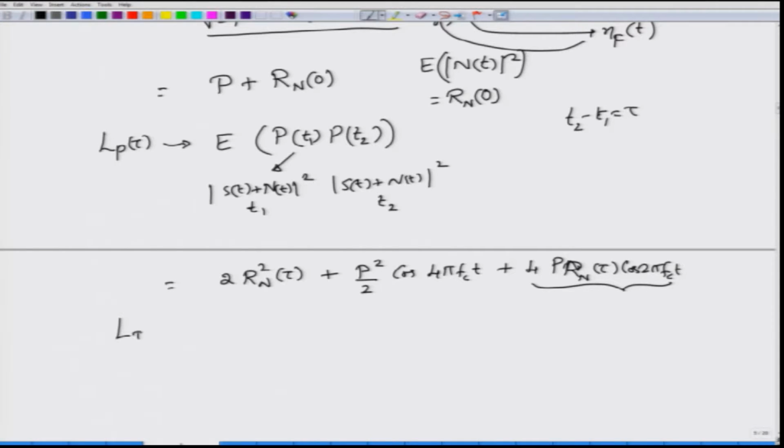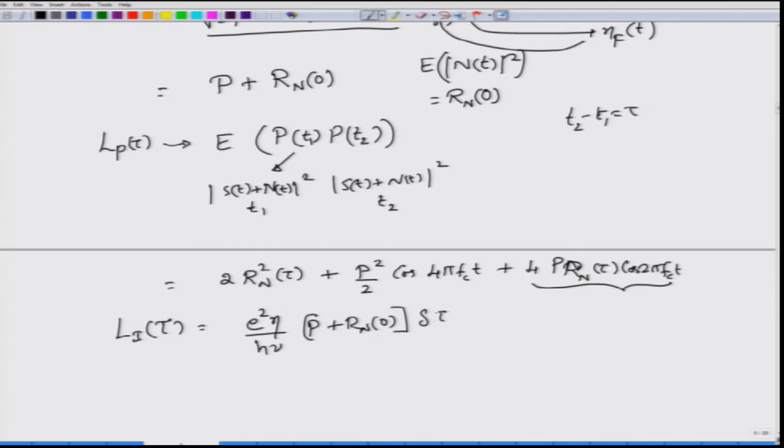Okay. Substituting this Lp of tau into the equation for the autocovariance of the photocurrent, you will see that this can be written as E square eta by h nu p plus Rn of 0. Remember, this was the one that actually came out from the shot noise component, and this is p plus Rn of 0. Where is this shot noise component located?